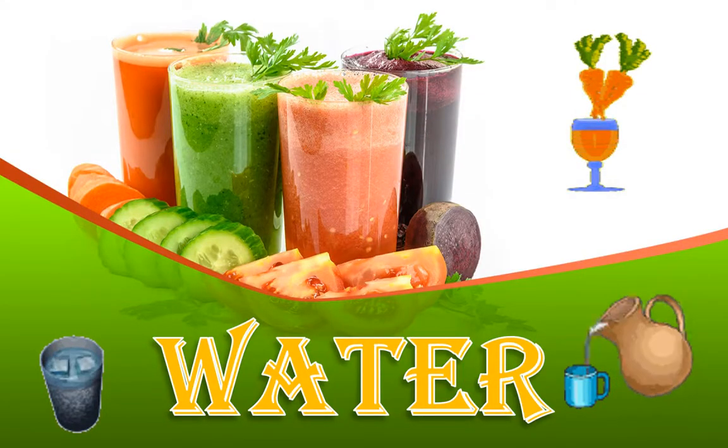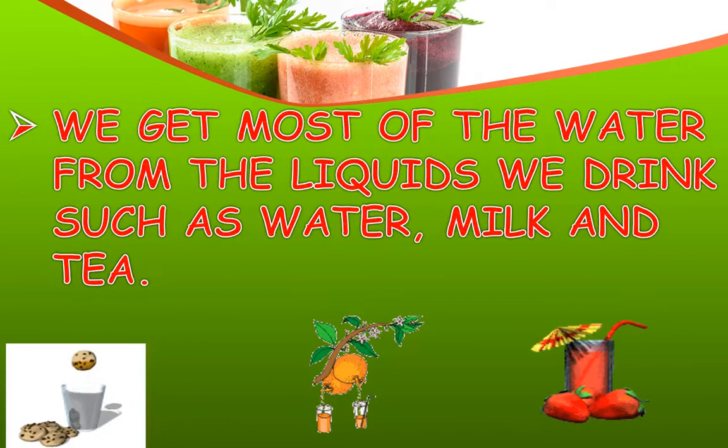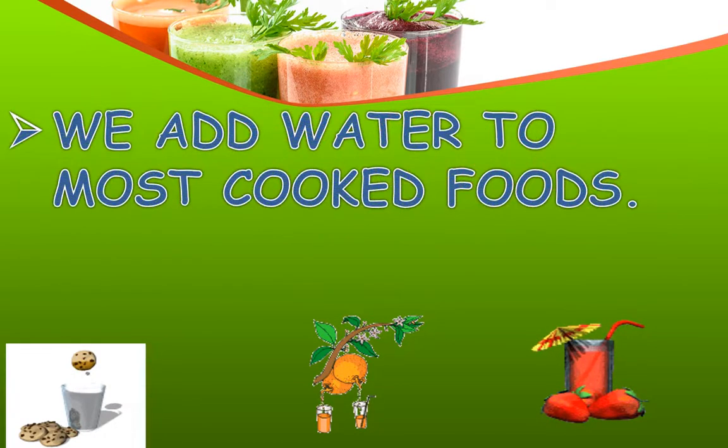Water. Normally, we get most of the water that our body needs from the liquids we drink, such as water, milk and tea. In addition, we add water to most cooked foods.